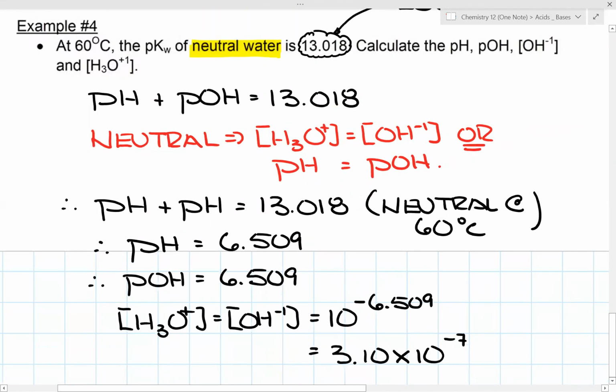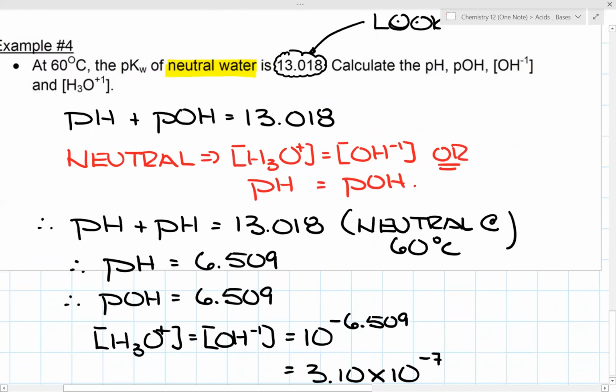Now, when you look at this, again, you might say, well, Mr. Chan, I thought the pH of neutral water is supposed to be 7. But again, that is at 25 degrees Celsius. Since we have it at 60 degrees Celsius, that actual number is different. But the key word here is neutral water.